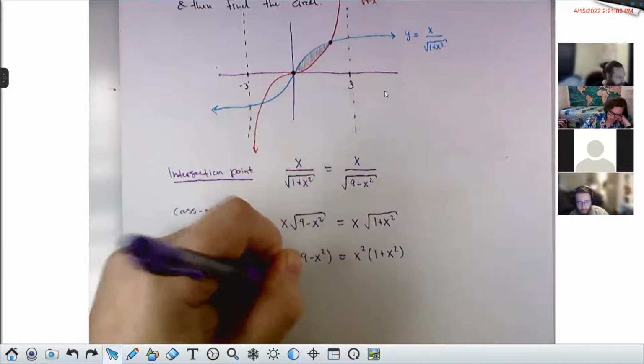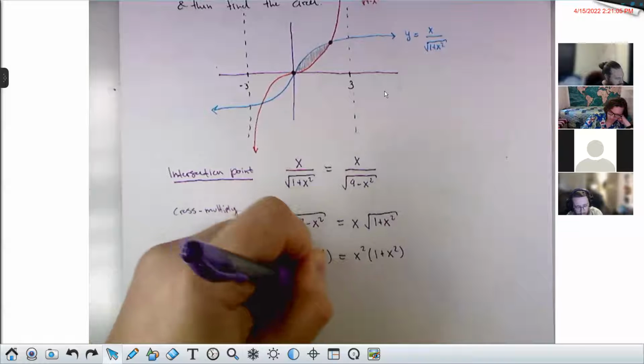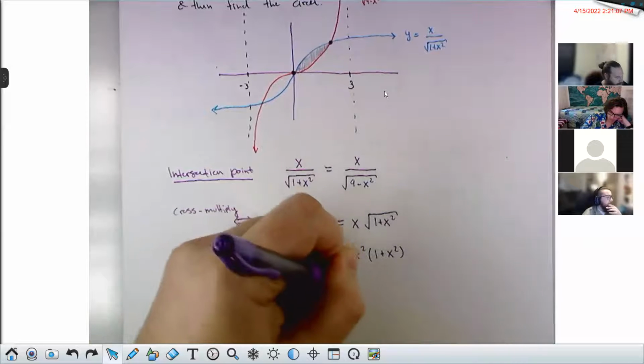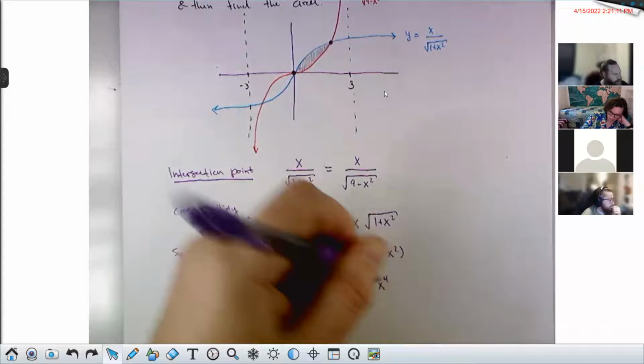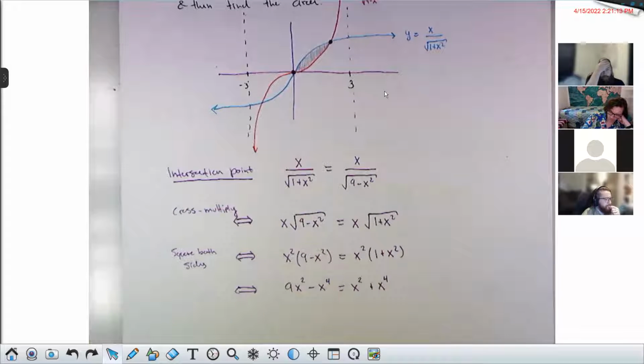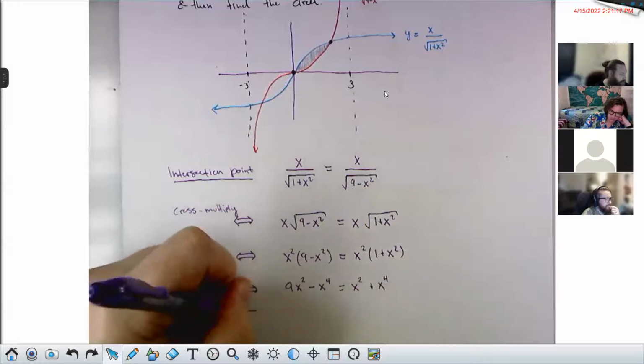This is 9x squared minus x to the 4 equals x squared plus x to the 4. So fourth order polynomial equation. We'll pull everything to one side.